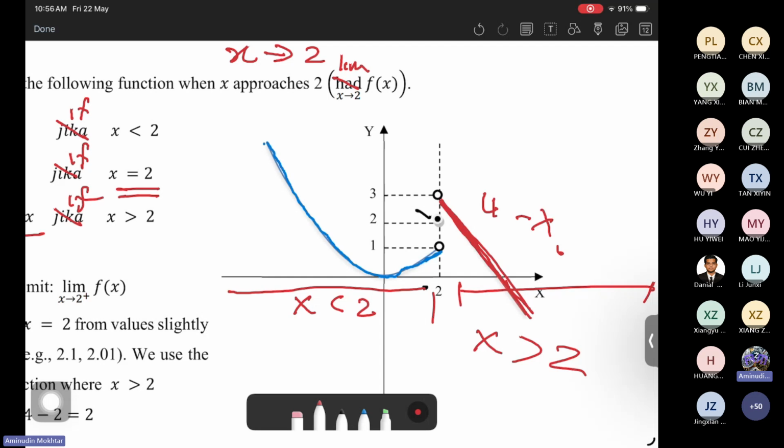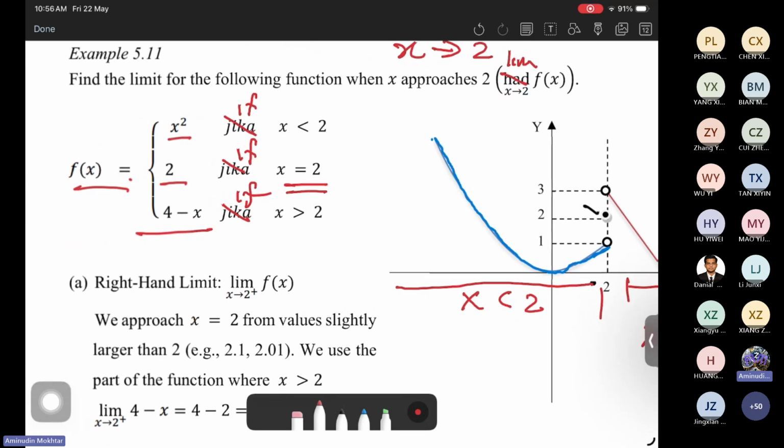The function 4 minus x does not exist when x is less than 2, because when x is less than 2 the function changes to x squared. The function changes from linear to quadratic. That is the difference in the shape of f(x).